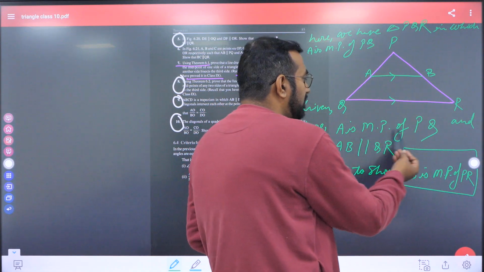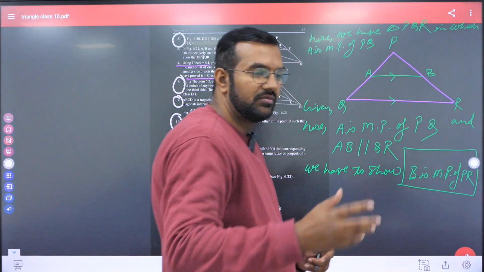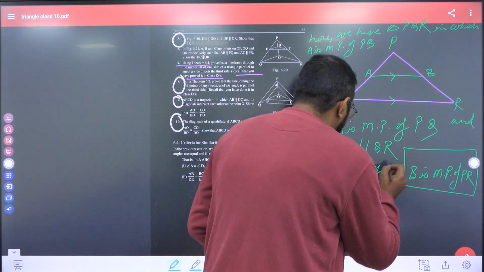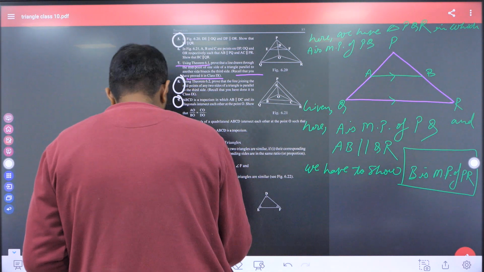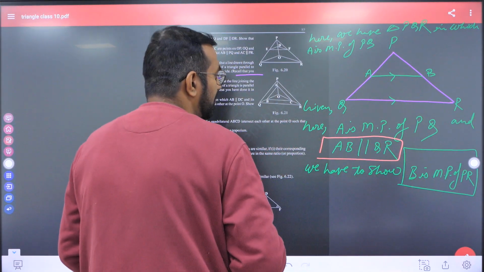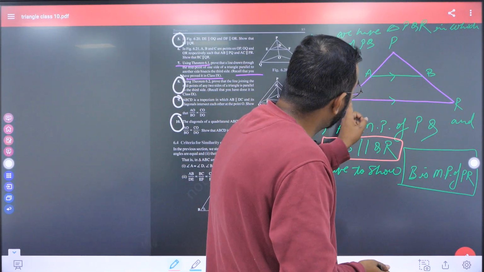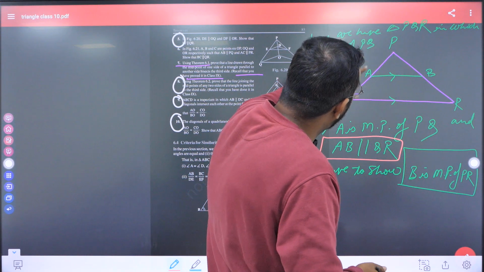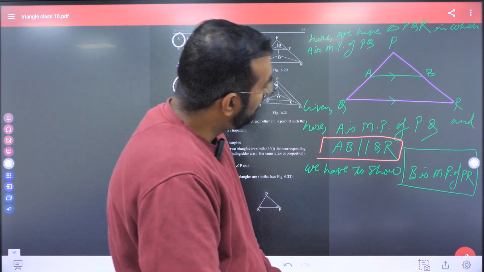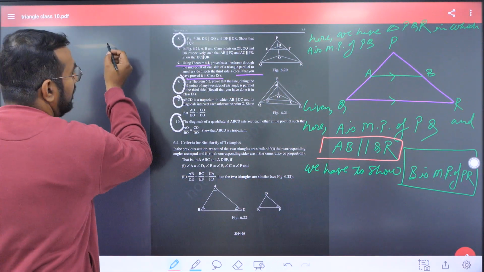A is the midpoint of PQ is not very relevant to the theorems we have studied in this chapter, but AB parallel to QR is very relevant because the BPT theorem is all about parallel lines. So AB is parallel to QR means AP upon AQ is equal to BP upon BR. Let's see what happens.